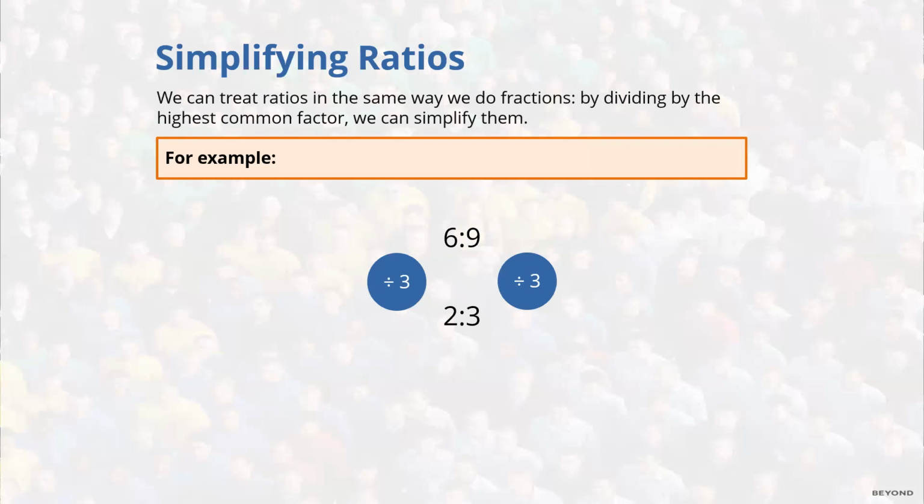How do we simplify this ratio? We divided 6 and 9 by 3, and we got 2 over 3. Very good. So 6 divided by 3, Nick, is what? 2.